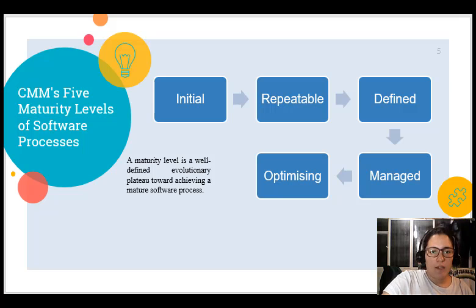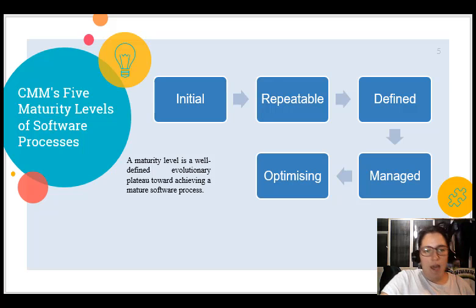Defined, the software process for both management and engineering activities is documented, standardized, and integrated into all processes for the organization. All projects use an approved version of the organization's standard software process for developing and maintaining software.